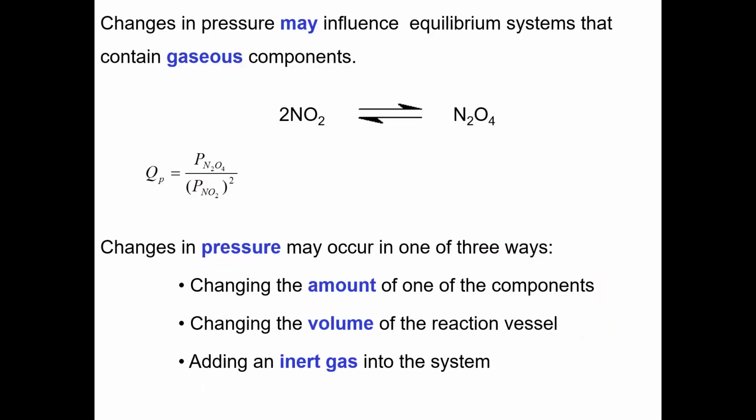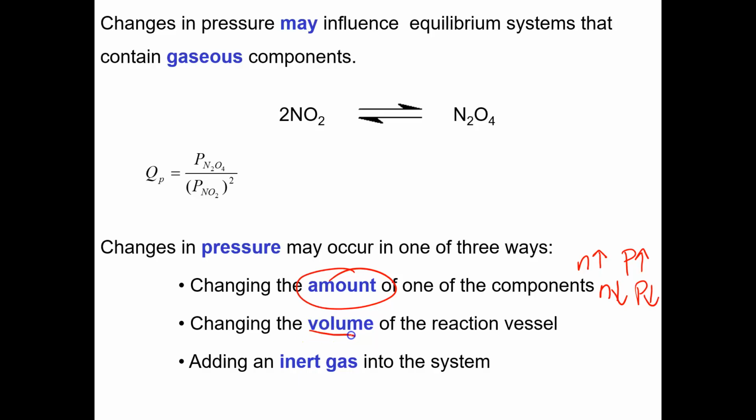Now, changes in pressure can also influence equilibrium systems that contain gaseous components. Changes in pressure can arise as a result of several things. One of the things we can do is change the amount of one of our gaseous components, and in particular, as amount goes up, pressure goes up, and as amount goes down, pressure goes down.